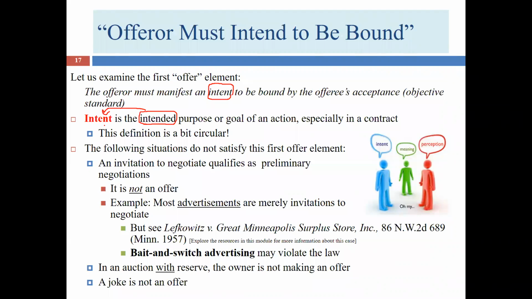Let's look at some things that aren't considered offers, and they aren't considered offers because that intent is lacking. For example, an invitation to negotiate isn't an offer because the person who has extended this invitation to negotiate did not intend to create a contract, did not intend that what he is saying is sufficiently precise that the offeree can accept it at that point.